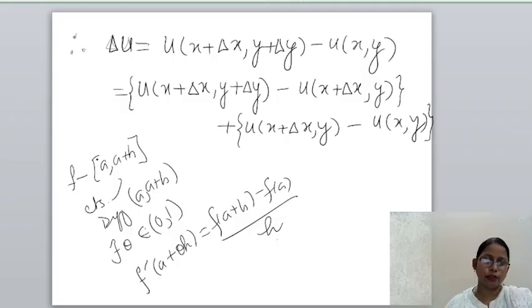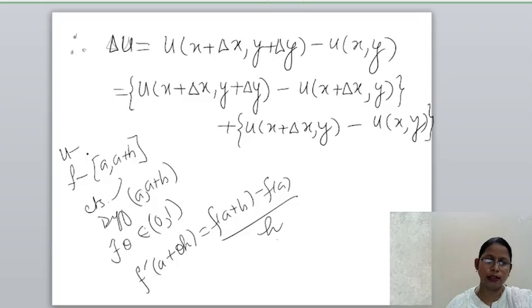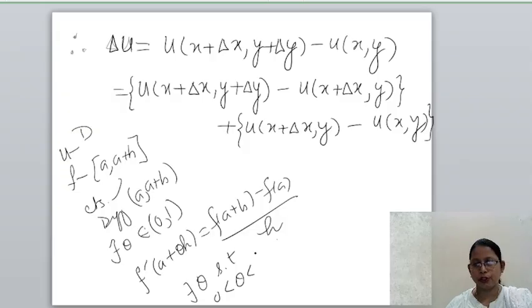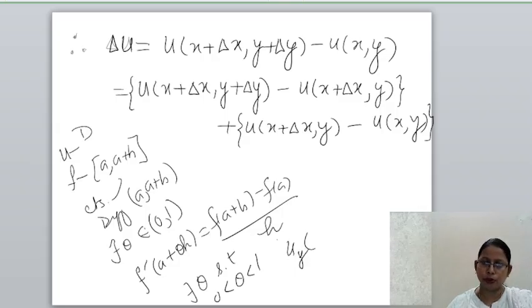So here u is a function of x, y, continuous, having partial derivatives which are continuous in the given domain D. So there exists theta between 0 and 1 such that, as the increment is given to the y variable, it will be the partial differentiation of u with respect to y, as u is a function of x and y.